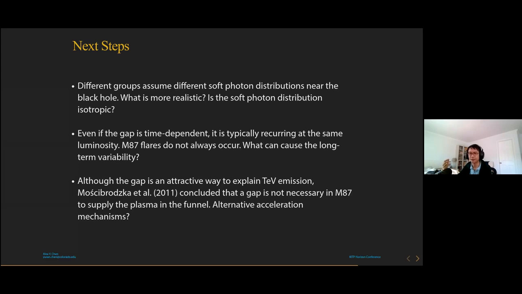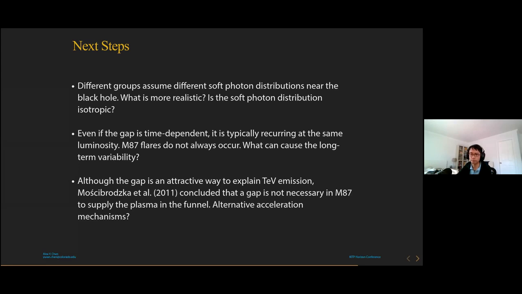Or it could be that for most of the time, M87 is actually in the state where it can sustain this pair production from the disk photons. But there can be changes in the accretion flow on a timescale of several years that suppress this. At that time, a gap will emerge because of this.